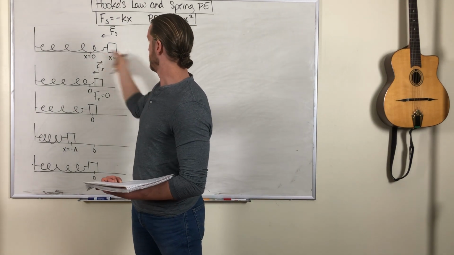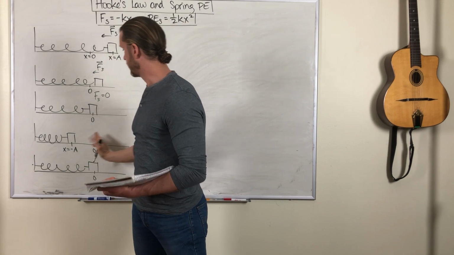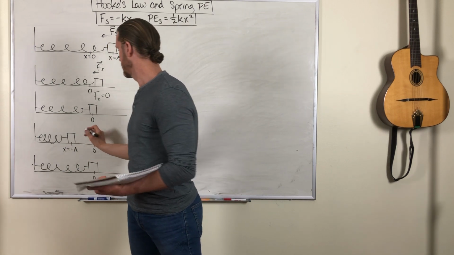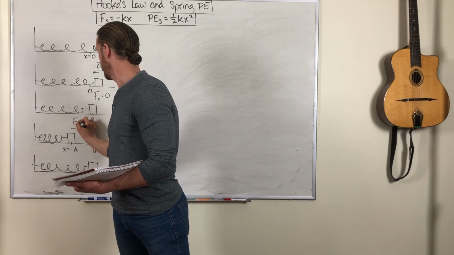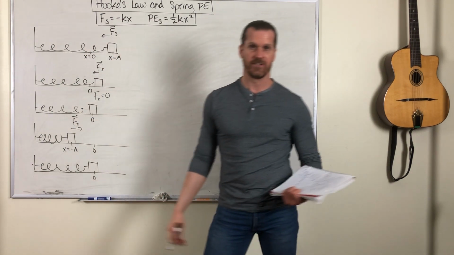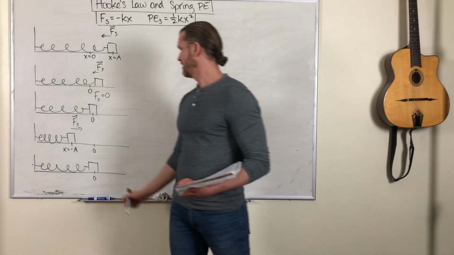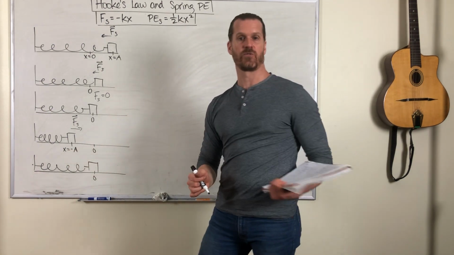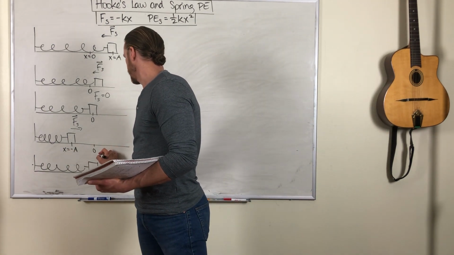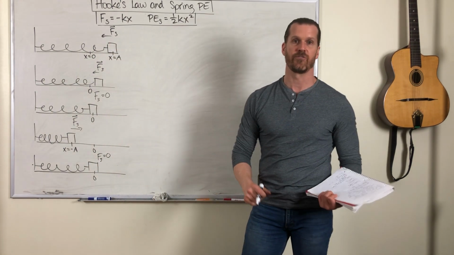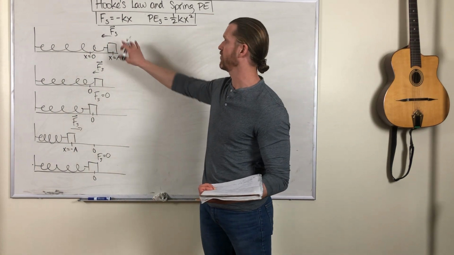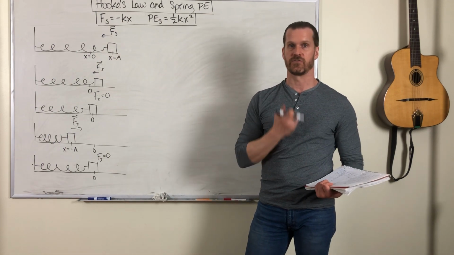If we pull positive A and let it go, it gets compressed to negative A. And when the spring gets compressed, it applies a force opposite that compression, which sends the block going to the right. It passes through equilibrium again, where the force is 0, but the block's inertia carries it to the right until it returns to that starting position.